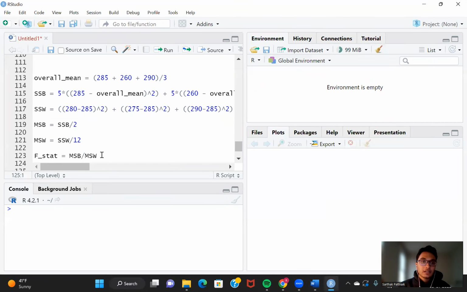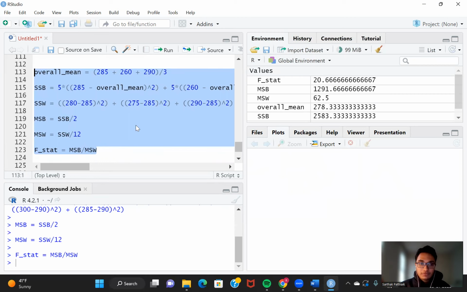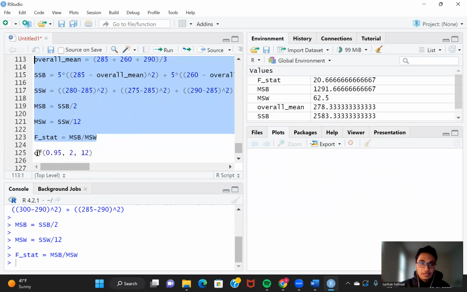So this is what we did in our previous session for the example. We calculated the value of F stat, and we have to compare this with the critical F value at 0.95 and with degrees of freedom k minus 1 and n minus k. So we are given the confidence level or the probability to the left, and we need to calculate the point or the critical F value.